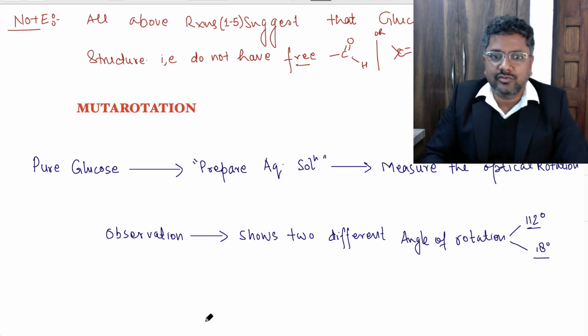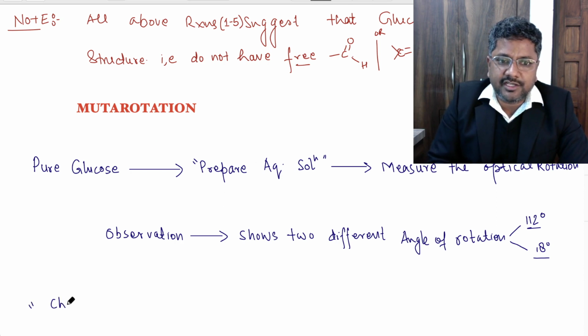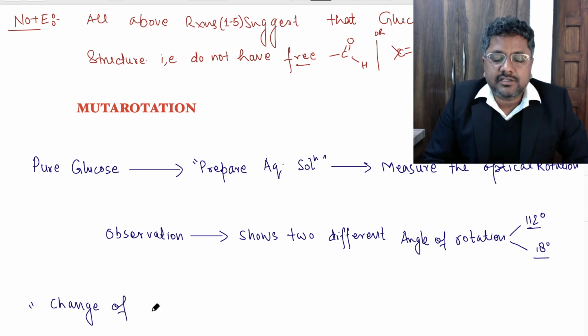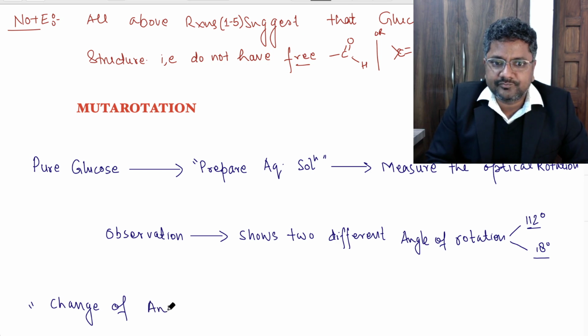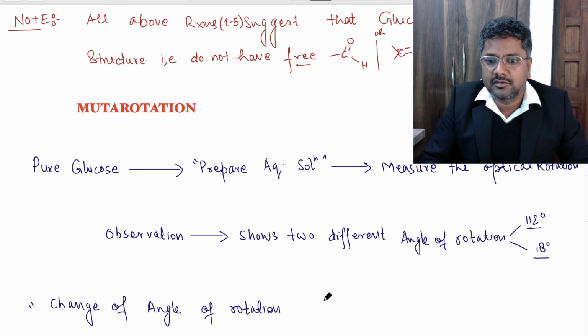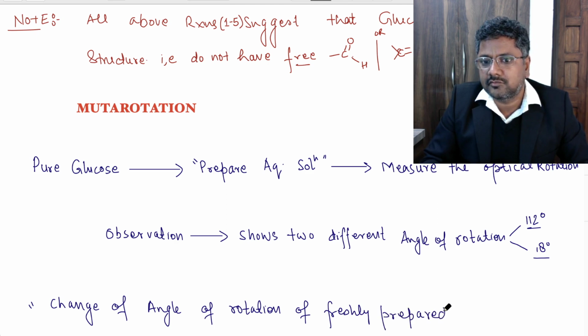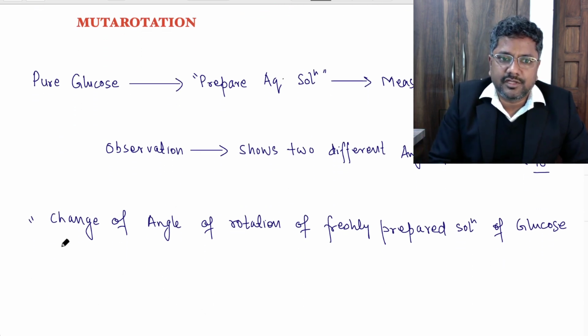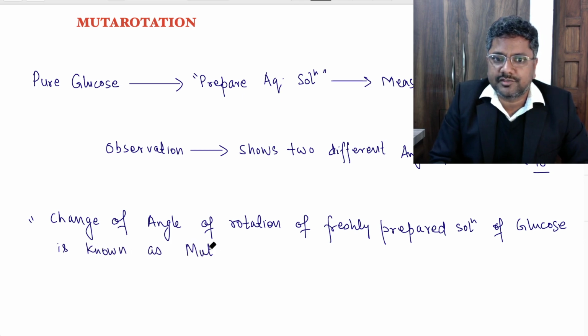So the definition of mutarotation is the change of angle of rotation of a freshly prepared solution of glucose. This is known as mutarotation.